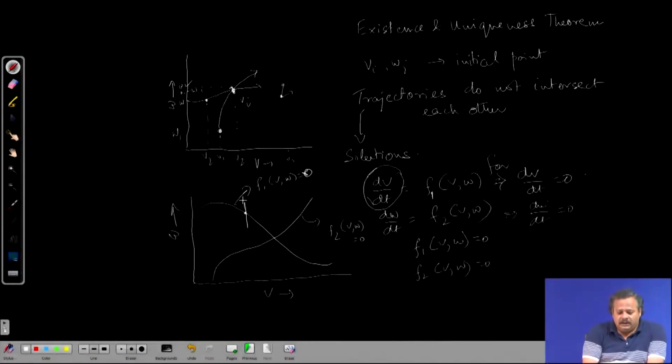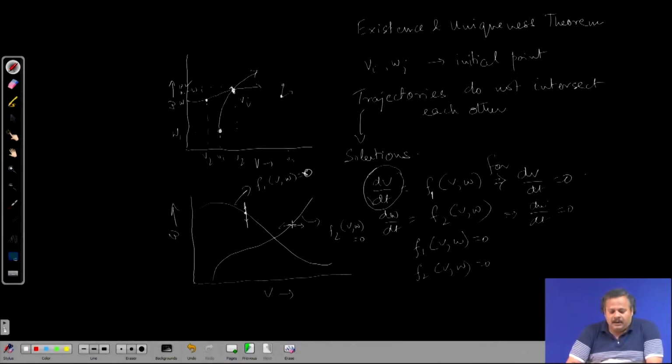That is, the direction of flow must be either upwards or downwards at that point. And similarly, on the other curve, the flow must be along the horizontal direction, because dW/dt is 0, that is, there is no net movement at that point along the W axis.